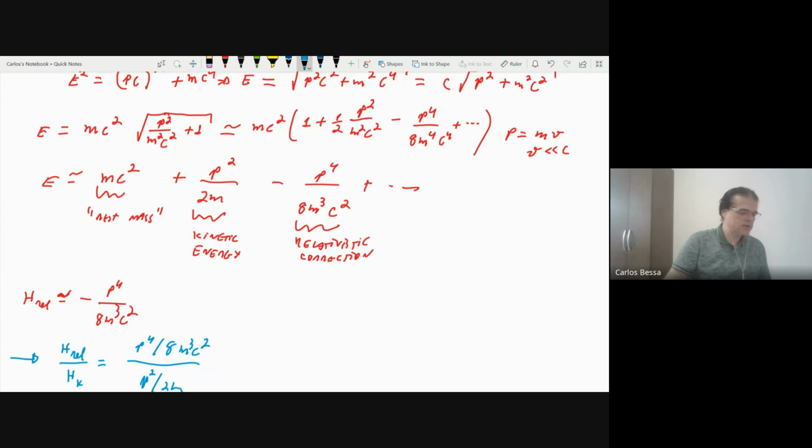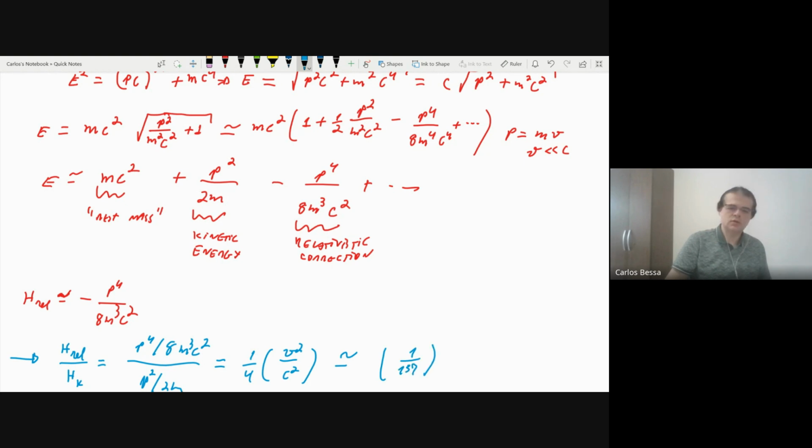This will give something that's about v squared over c squared, that is something about 1 over 137 squared for the usual v.